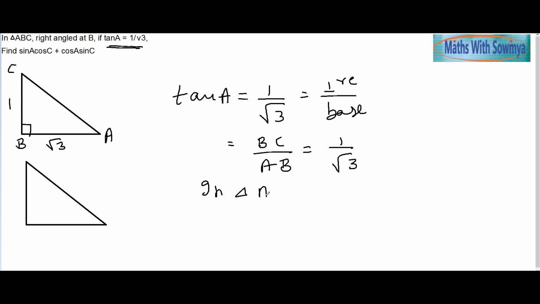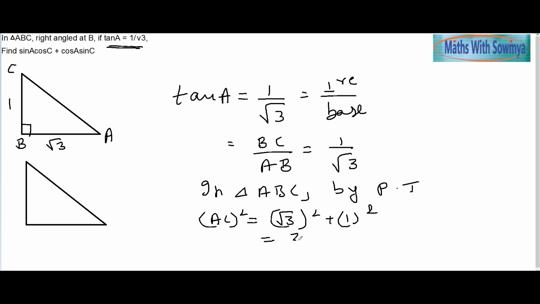Now in triangle ABC, by Pythagoras theorem, AC square is AB square plus BC square, which is root 3 square plus 1 square. Root 3 square is 3, plus 1. So AC is square root of 4, which is 2.